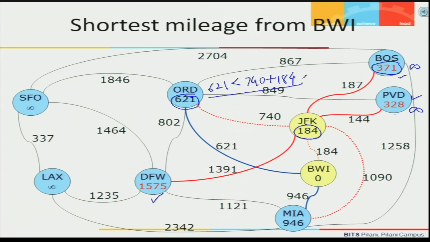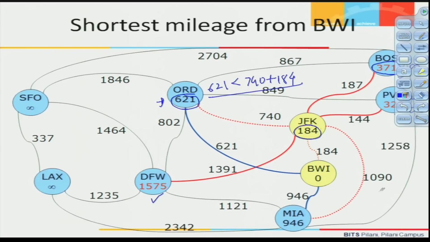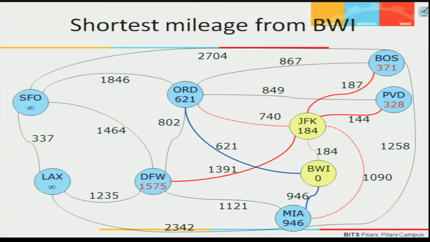Since this is the case, the d value at this particular node is not updated. And now, we continue with this procedure. We look at the next node with the least d value. In this case, that is going to be 328. So, we add that now to our cloud.